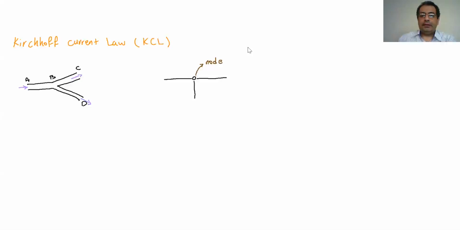So similar to what I have here, for example, if I1 enters the node, let's name them: A, B, C, and D. If I1 enters node B, then similar to that, I expect the same amount of current in total to leave.